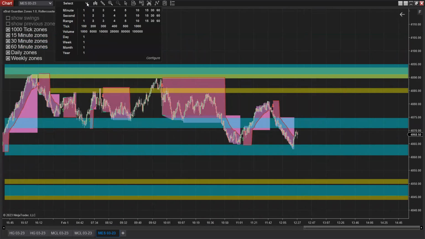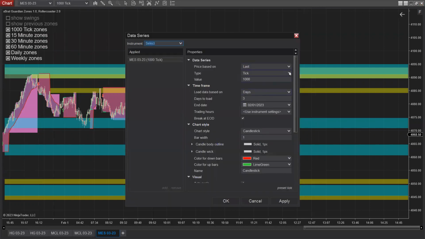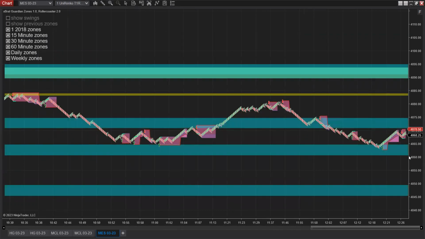Even if you went to a Unirenco data series, I don't know what's good for MES. I'm just going to put the standard 135 for scalping. With Guardian zones, you've got to make sure that you're over 2,000 bars, 2002 bars, for example, and then let it do its thing.